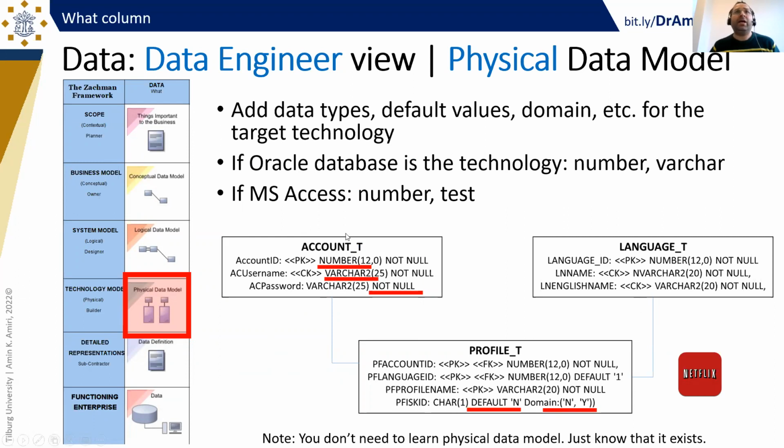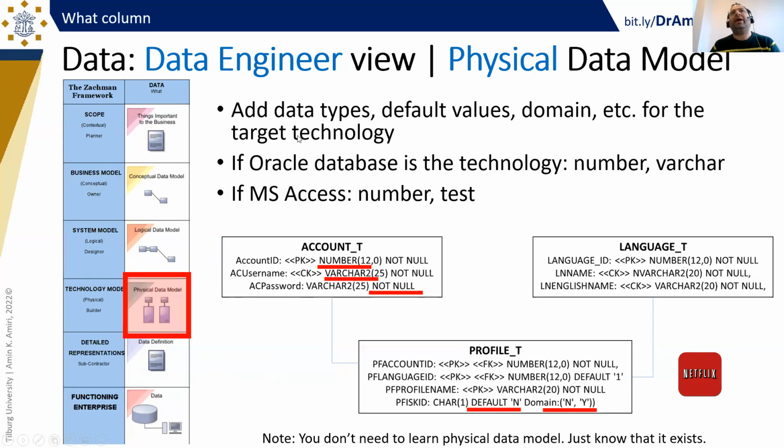So you can see here, if this was Microsoft Access, then I would have to write down just number here and in parentheses int. And rather than writing varchar, I should write down text or short text. And also the default would be written differently. So you don't need to create a physical data model for the assignment, but you just need to know what it looks like.